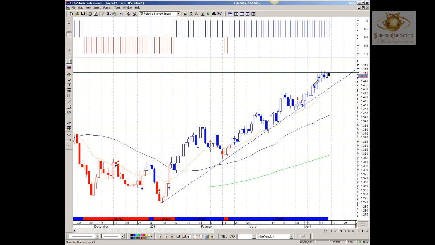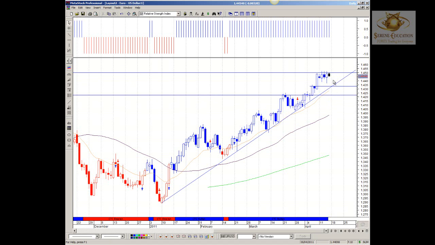Well, we had a prior resistance level just for a couple of days, roughly around this area here, around the 1433 mark, or 1.4300. Before that we had one just above the 1422 mark.